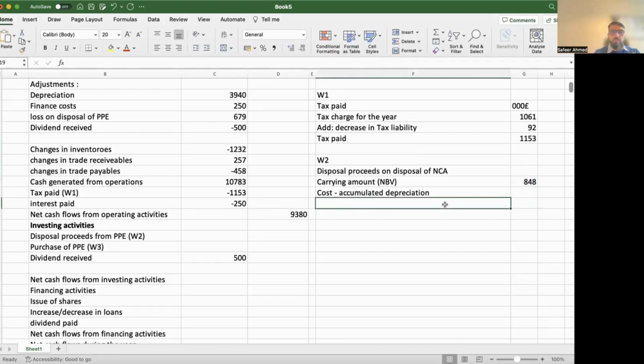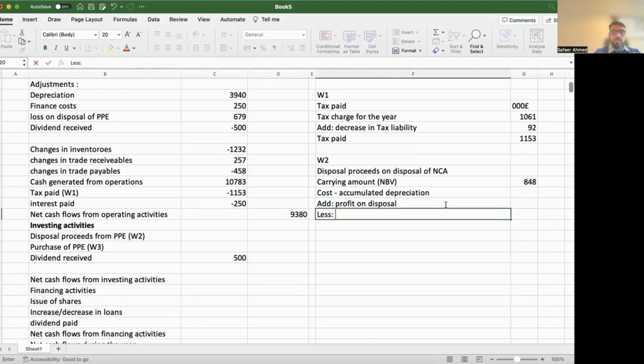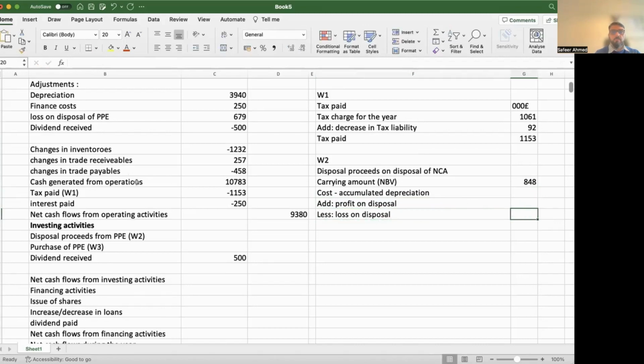And what we do, we make an adjustment for profit or loss. If it is profit on disposal, you will be adding it. If it is loss, you will be deducting it. Now, in this case, we already know that it was a loss on disposal. How do I know? Remember in the statement of profit or loss, the same loss that we added back here in operating activities.